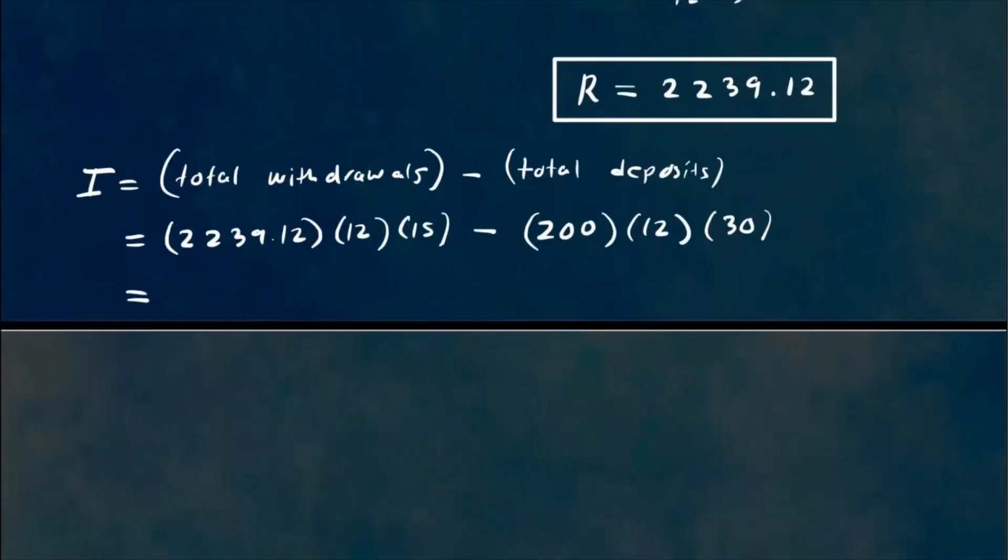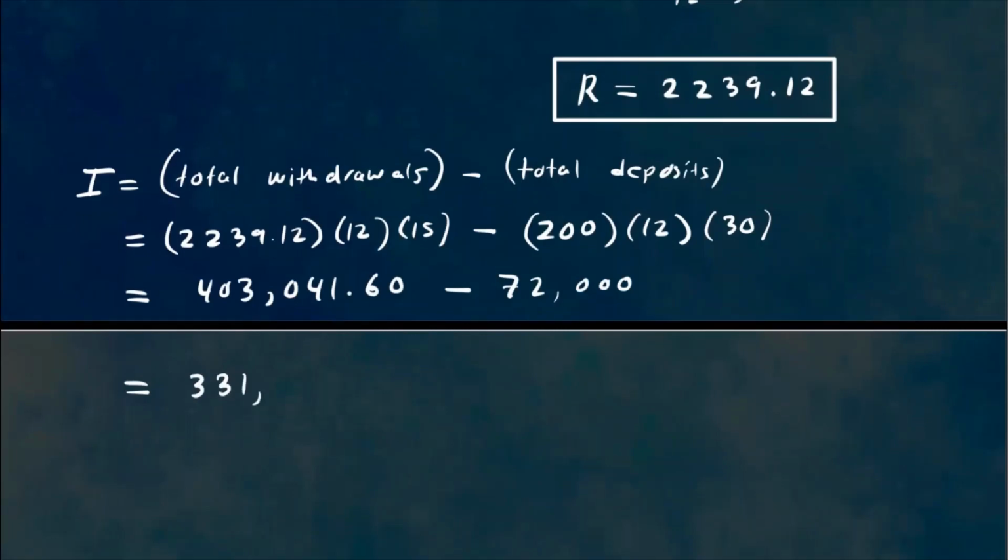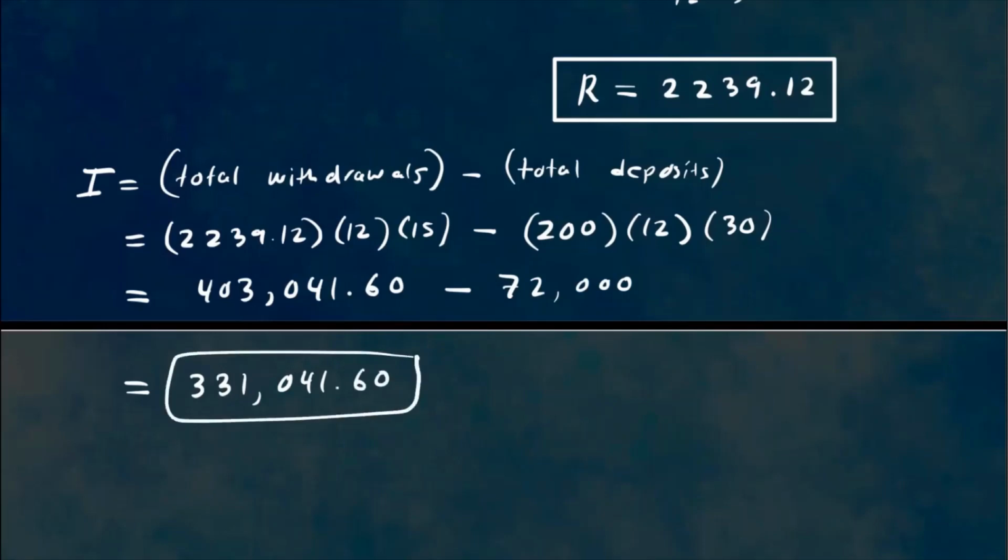And then if you put this in your calculator, you'll have $403,041.60 minus 72,000, and this will give us $331,041.60. So that will be the interest for this entire 45-year period.